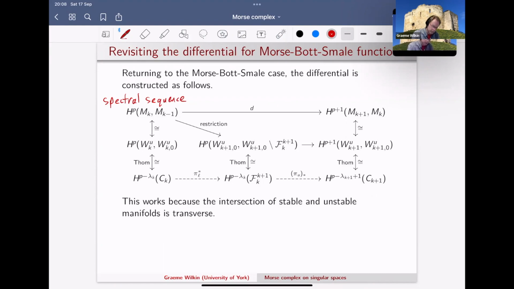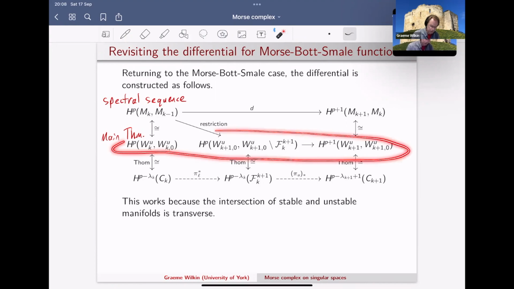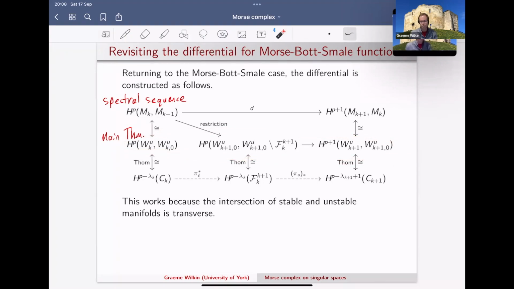And then once you have the main theorem of Morse theory, we can map everything down to this second row here, essentially the relative cohomology groups localized around the critical sets. And that also works for the critical sets as well. And then finally, to make this construction on the space of flow lines work, we need transversality.